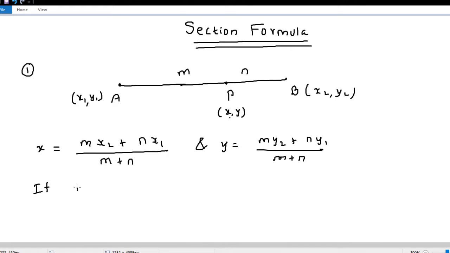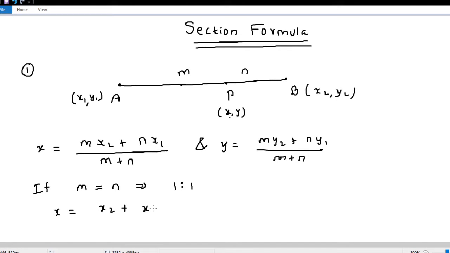Clearly, if both m and n are equal, then the ratio would also be called 1:1. In that case, m and n both become 1, or you can take 2:2, it means the same.